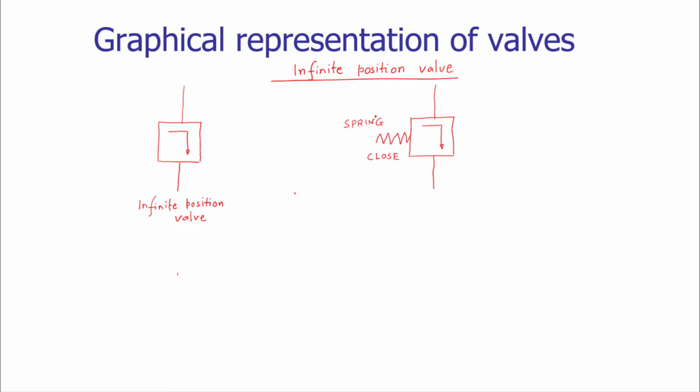To open this particular valve, we are using a pilot pressure. To designate the actuation by pilot pressure, we are using dotted lines. The pilot pressure is applied, and when the pilot or external pressure is applied, the valve gets opened. Opening of the valve is due to the pilot pressure.